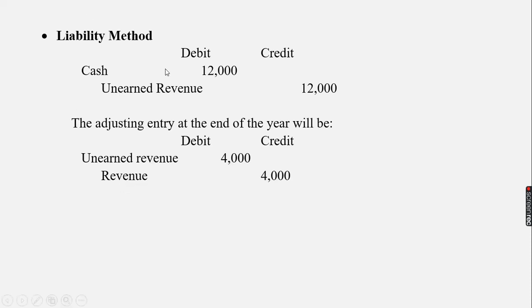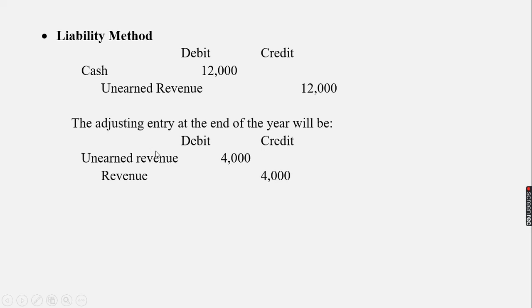Okay? Now, kapag liability method naman yung ginamit mo, baliktarin mo lang. Liability method, cash, 12,000. Pero, ang ilalagay mo dito, unearned. Hindi mo pa kasi siya na-earn na revenue sa 12,000. Pero, ang adjusting entry mo na sa December 31, since na-earn mo naman na yung 4 months, which is 4,000, ilalagay mo dito, mababawasan yung unearned revenue mo, magiging debit siya 4,000, and revenue, may revenue ka na 4,000. 12 minus 4 is 8, so magiging 8,000 na lang yung balance dun sa unearned revenue mo, 'di ba?